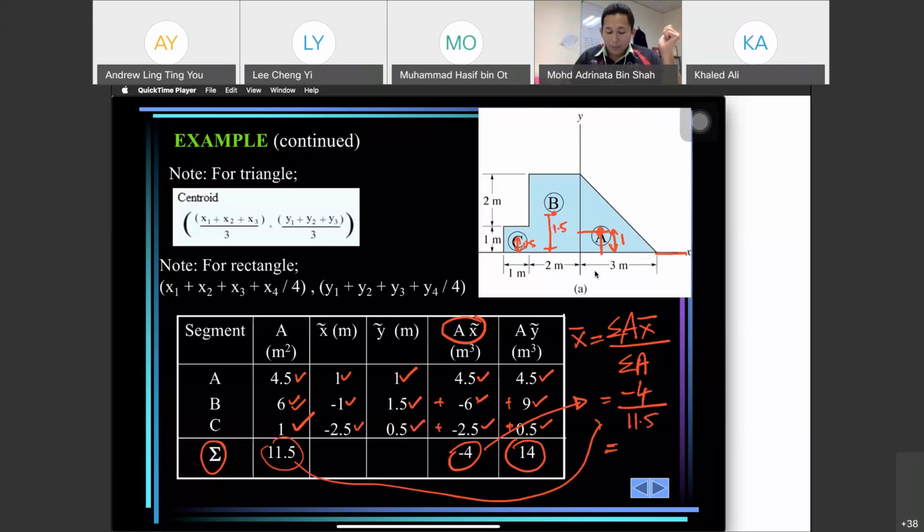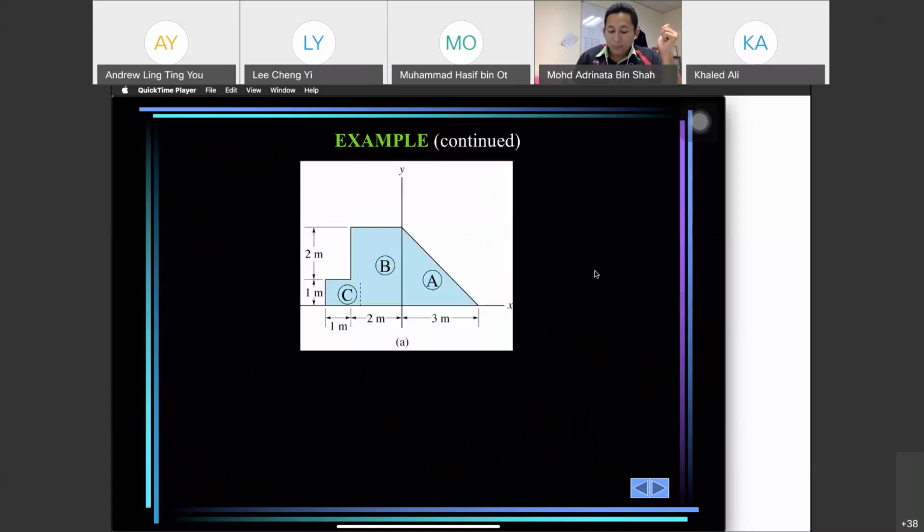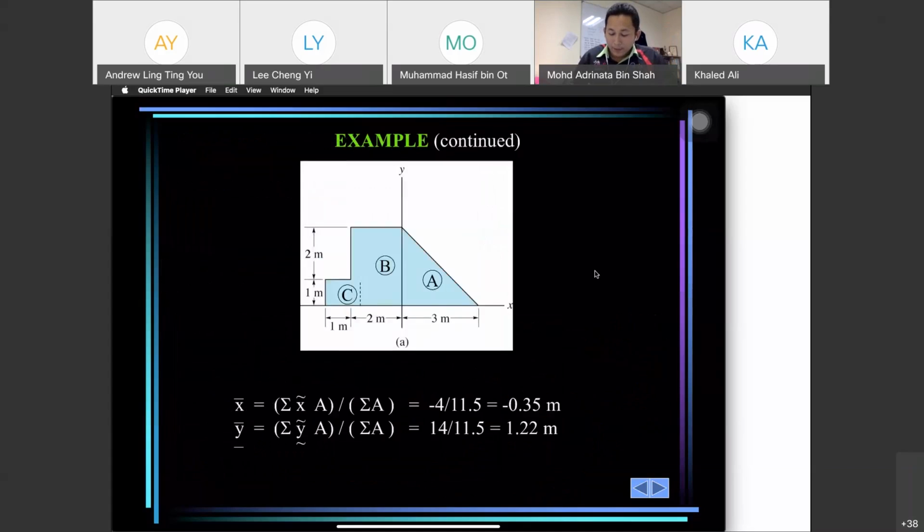Then y bar equals the summation of A y bar divided by the summation of A, so 14 divided by 11.5. So from what I've explained, our x bar is negative 0.35.